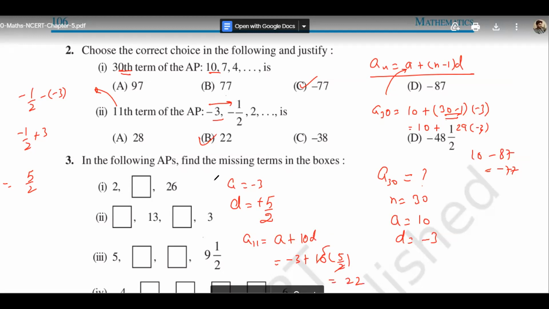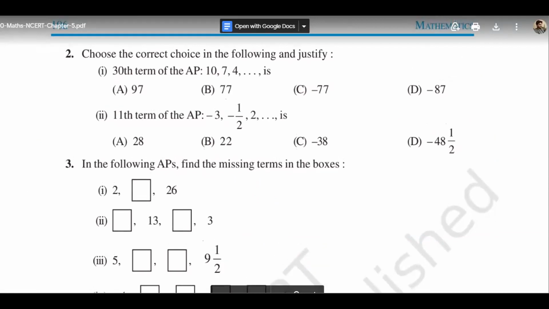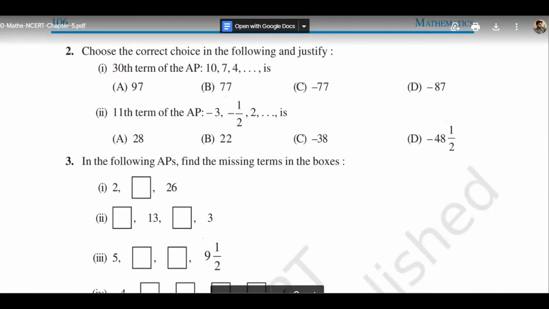Okay. Fill in the blanks in these boxes. What would be the middle term for this AP? For this, you have to do the elimination method, and it will be more successful for you. How to solve such type of problem?